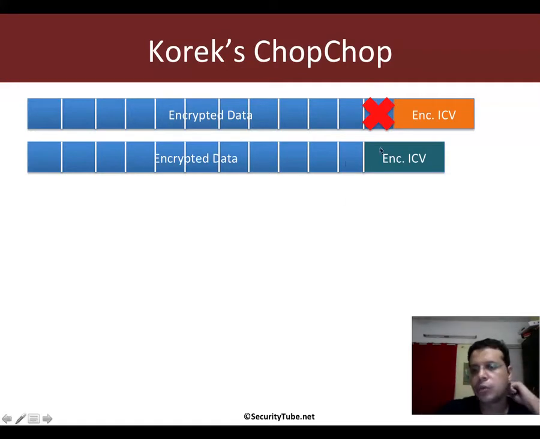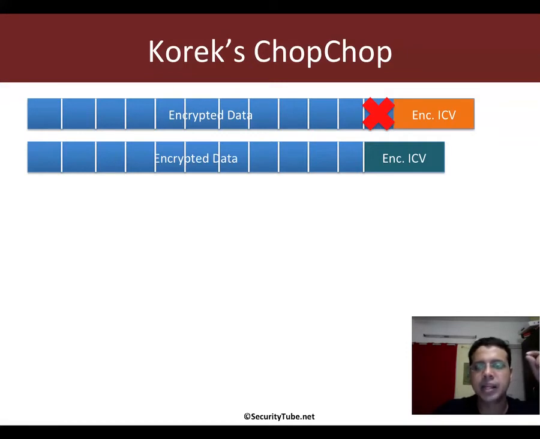Now, in order to adjust the ICV, just like we saw in the Caffe Latte attack, KoreK does something very interesting. He says, let me actually guess the value of this byte, which can be 00 to FF. So he takes the first value and says, my guess is that this deleted byte had a plaintext value of 00.